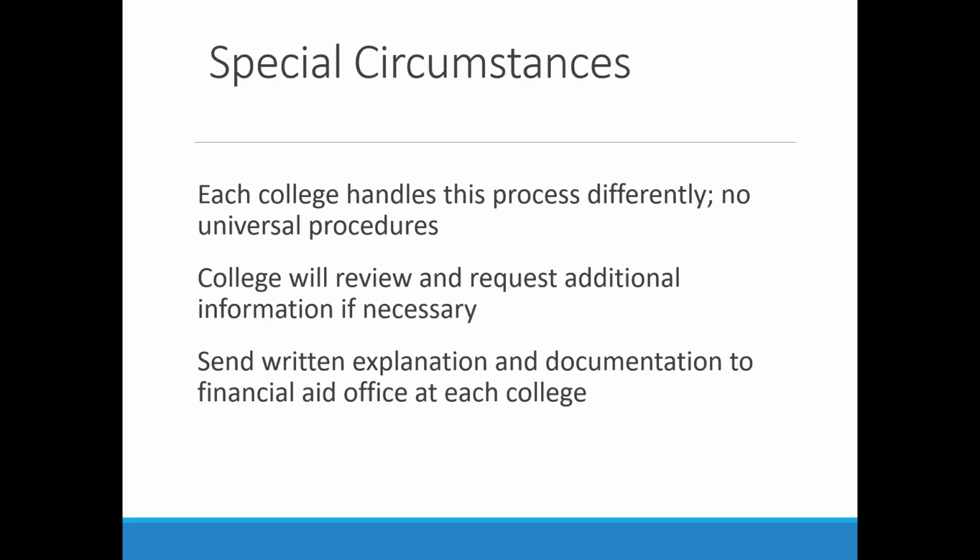And then again, this is to make sure that we have written explanations and documentation to show why we made changes on the FAFSA. To make sure that the information that you have provided matches the changes that we make on the FAFSA. So it all makes sense, and we can make those changes.